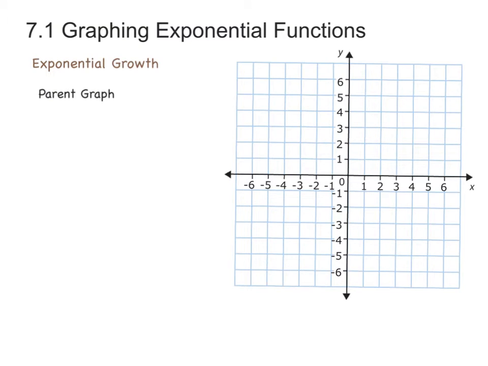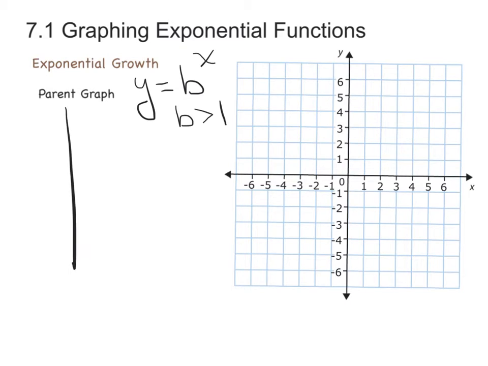Let's take a look at 7.1, graphing exponential functions, looking at our parent graph of y equals b to the x, where b is greater than 1, indicating it's a growth. The table of values for the parent graph is going to be -1 and then 1 over b, 0 and then 1, 1 and then b.